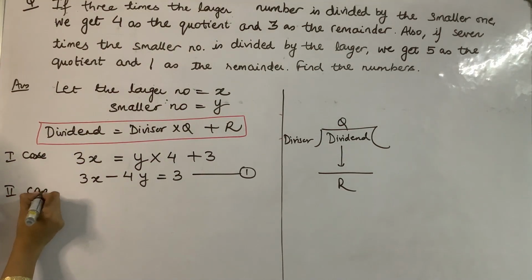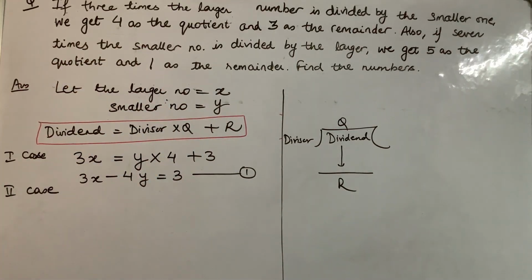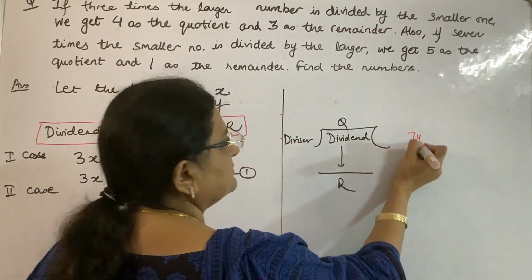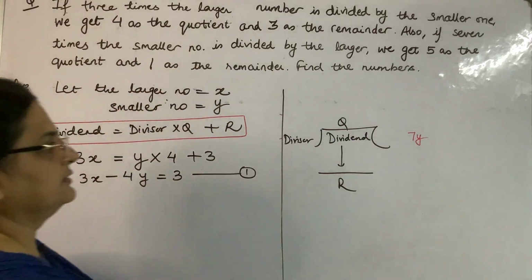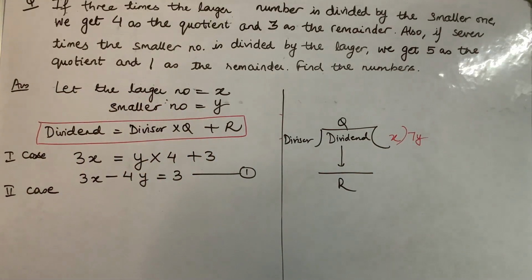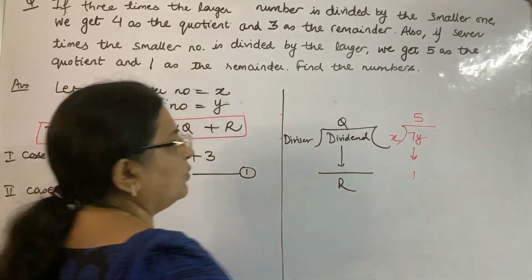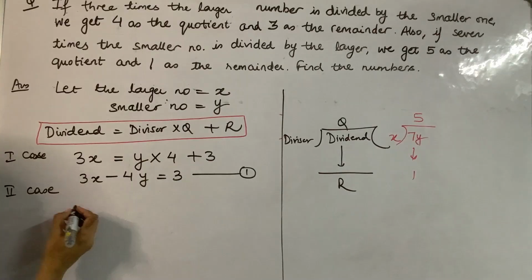Now in the second case. If 7 times the smaller is divided by the larger, we get 5 as the quotient and 1 as the remainder. So you can very easily say what is the dividend in this case? 7y.